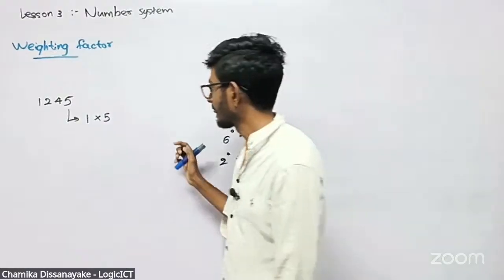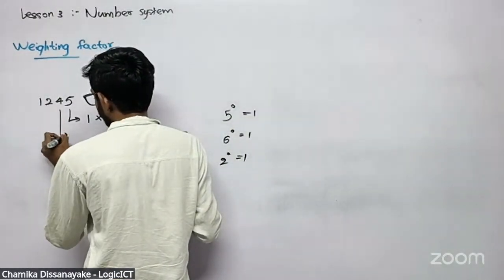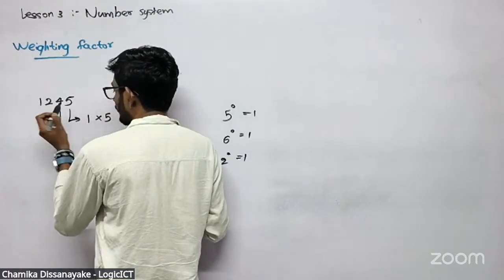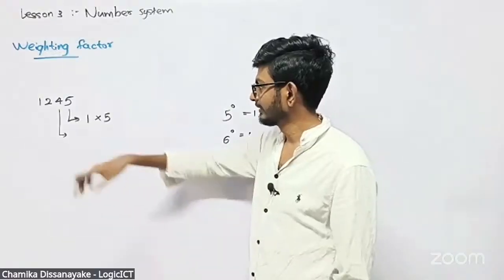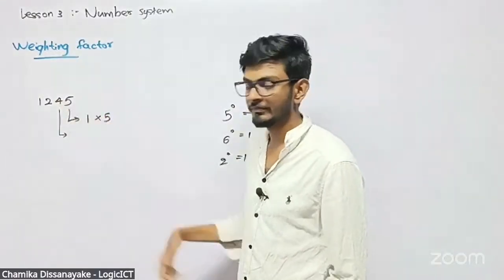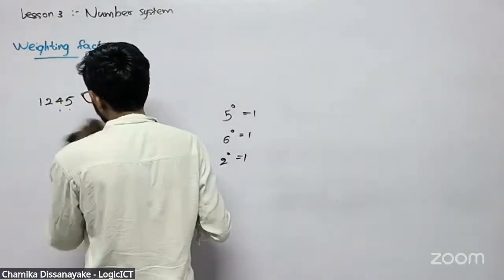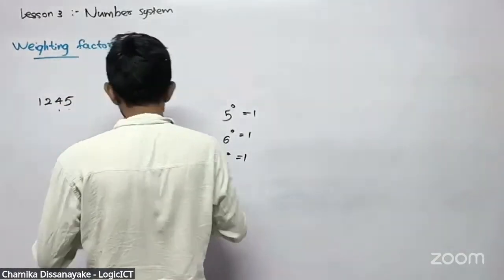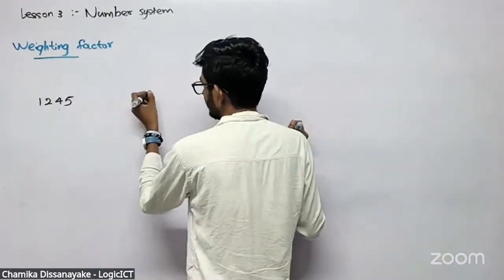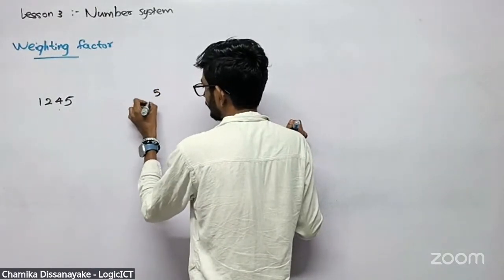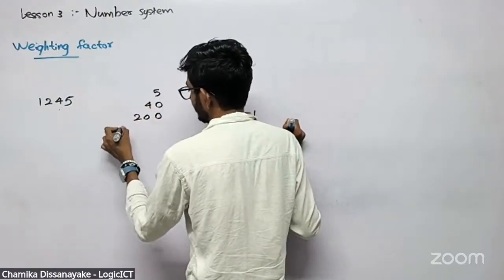And here, what is the number? 4 or 40. Here actually it is 40. The number is made by adding 5, 40, 200 and 1000.